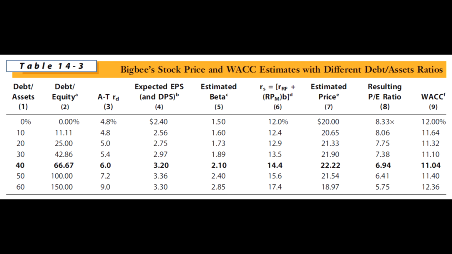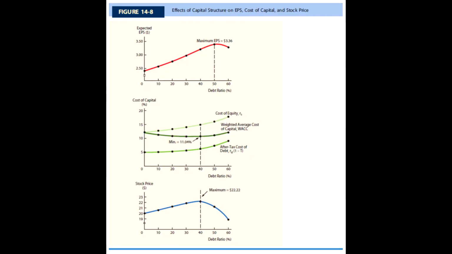The EPS, cost of capital, and stock price data shown in table 14-3 are plotted in figure 14-8. As the graph shows, the debt ratio that maximizes Big B's expected EPS is 50%. However, the expected price is maximized, and the WACC is minimized, at 40% debt ratio.